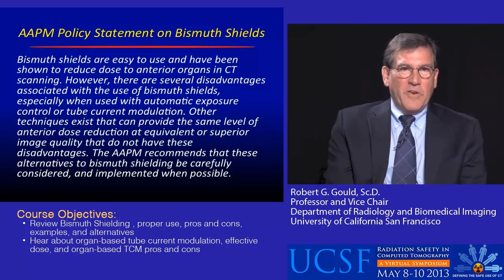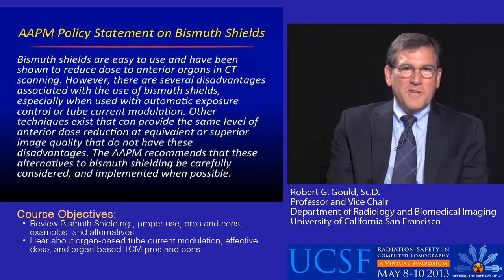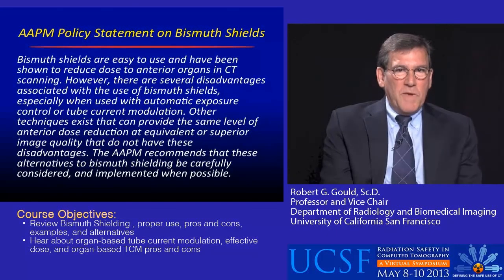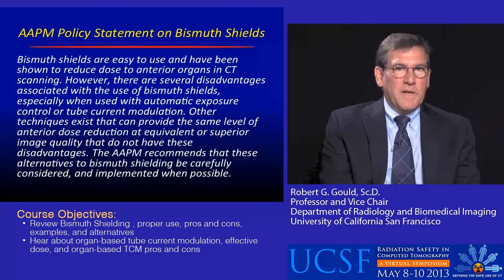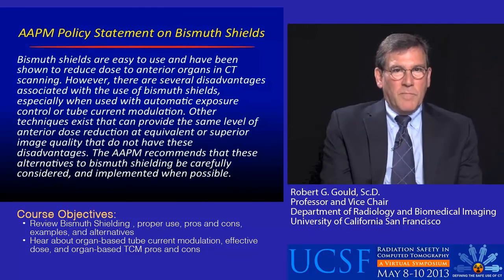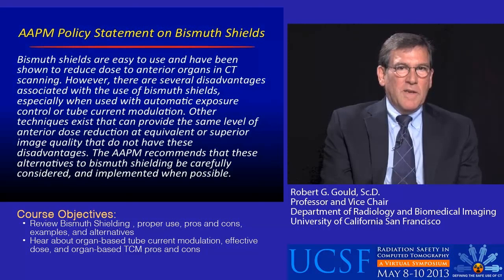However, if we're giving it to the lung, it doesn't, as I keep repeating, make a lot of sense to me. So the AAPM recommends that these alternatives to bismuth shielding be carefully considered and implemented when possible. So they're not a little wishy-washy on this, frankly, and it's more acknowledgement that bismuth shields have some significant limitations, which I fully agree.